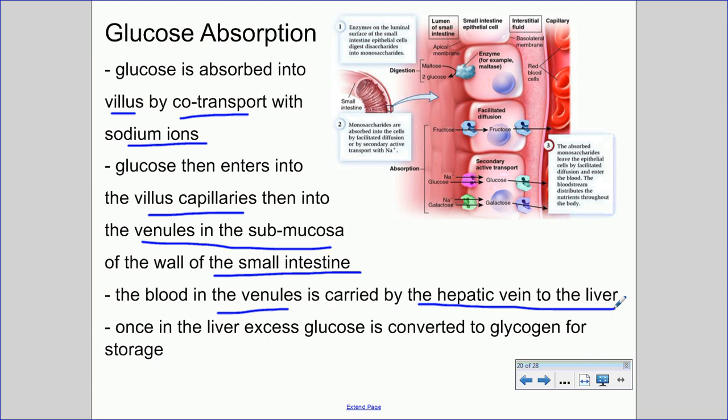So basically, once that glucose has been absorbed into the villus, it enters into capillaries, which are then carried off to the liver through the hepatic vein. And then once in the liver will store excess glucose in the form of glycogen for energy storage at a later point.